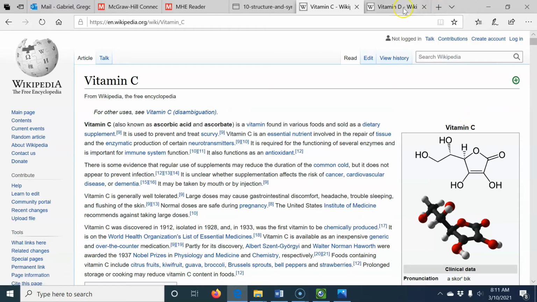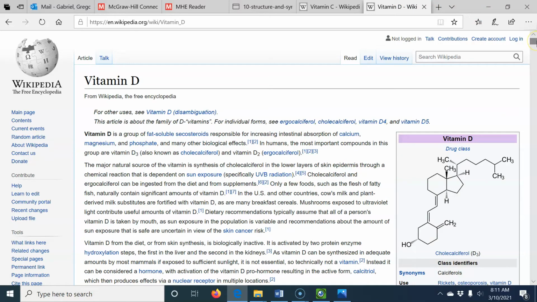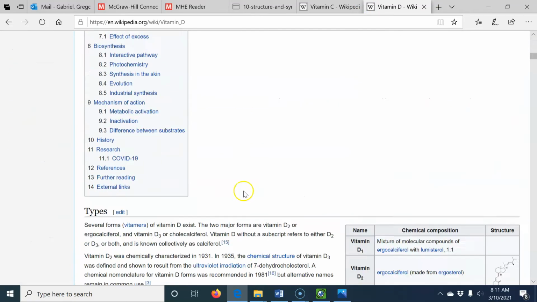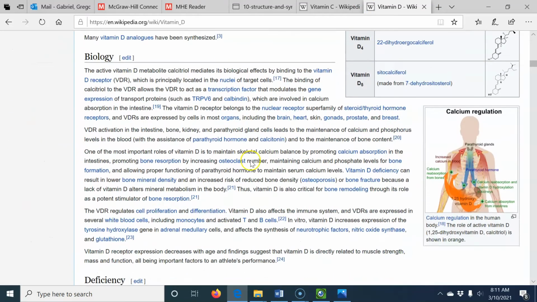Look at vitamin D. Look how many carbons there are compared to oxygens. Vitamin D is benzene soluble. Give me a molecular formula, please.